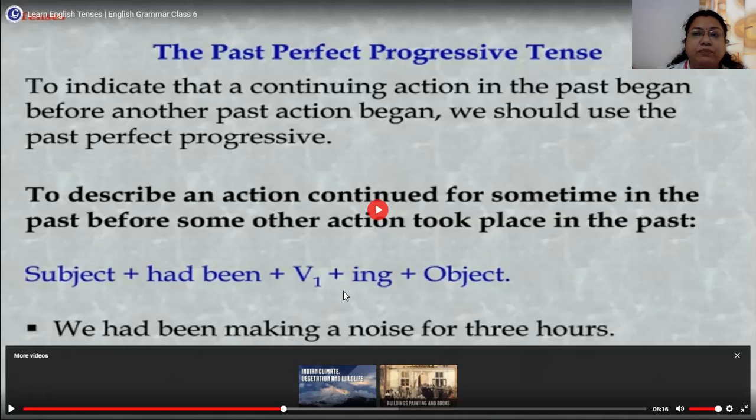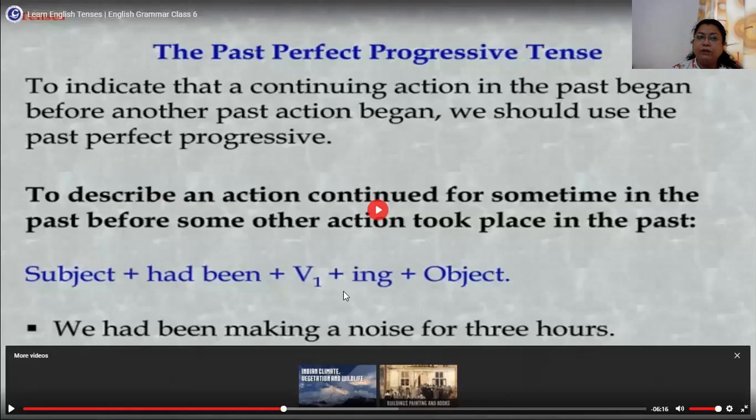The past perfect progressive tense indicates that a continuing action in the past began before another past action began. Pay attention to my words: it is in the past, it was happening before, it was in process and you are confirmed about it, then we put it in the past perfect continuous tense.